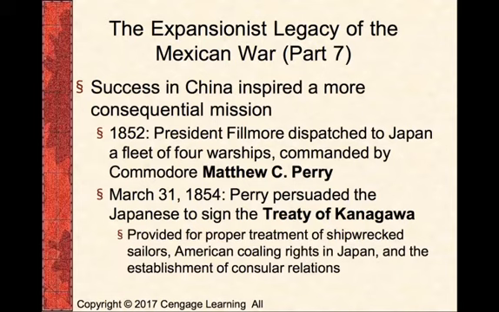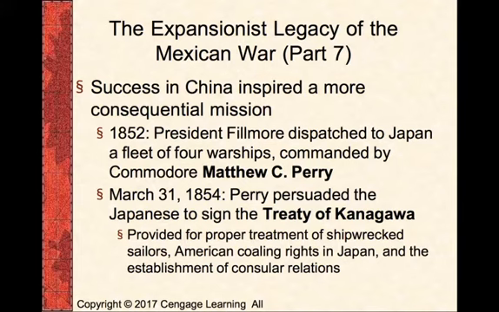Success in China inspires a more consequential mission. In 1852, President Fillmore dispatches to Japan a fleet of 4 warships commanded by Commodore Matthew Perry. Now, Japan had been closed for centuries. No Europeans had been allowed in Japan this whole time.